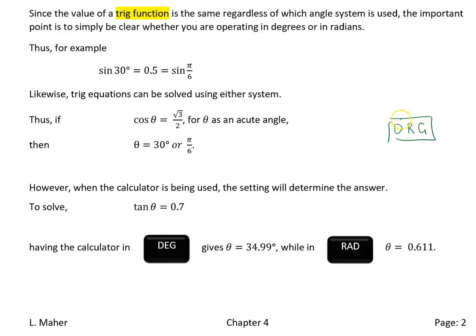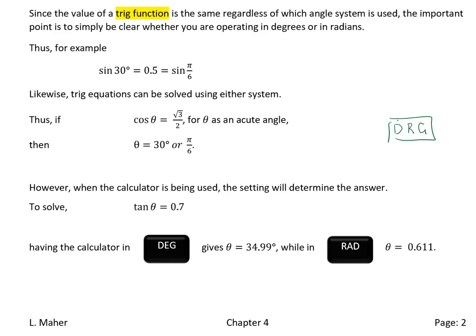And this is actually the button that you've pressed when you've accidentally been in radians. You've pressed that. You would have seen a little GRAD come up in your screen. Press it again and you saw DEG come up in your calculator screen.